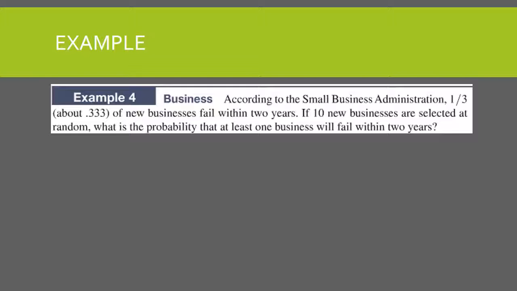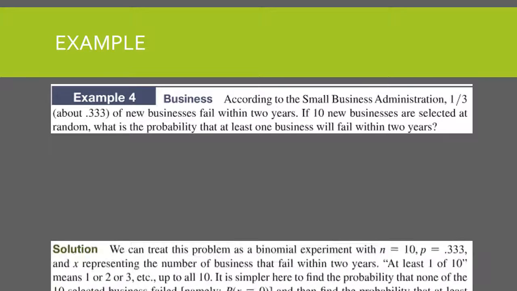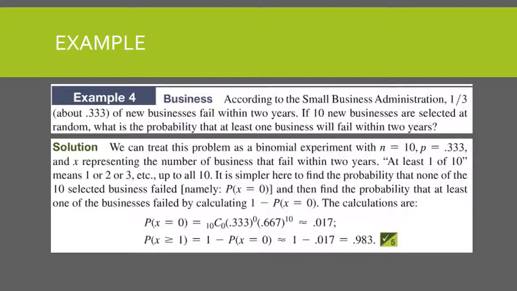Okay, so we're treating it as a binomial experiment. It's success or fail. We have a set number of trials, which is 10. We have a set success rate, 0.33. What we're going to do is find the opposite of at least one. The opposite of at least one is none. If you don't have at least one that failed, then you have none that failed. And then we'll subtract that probability from 1.